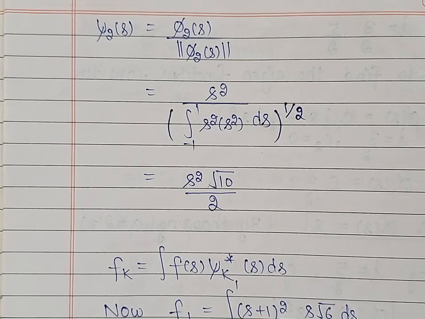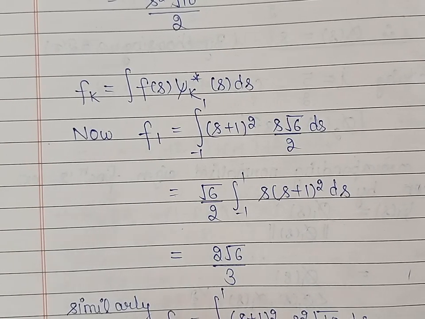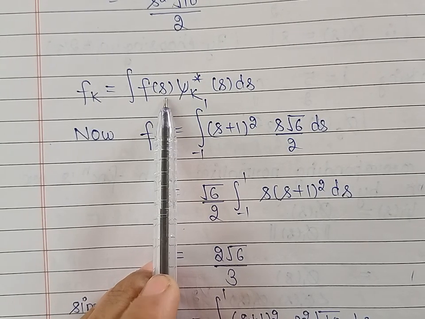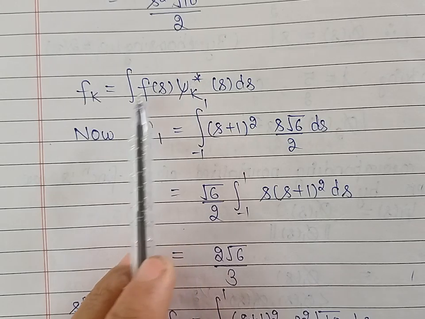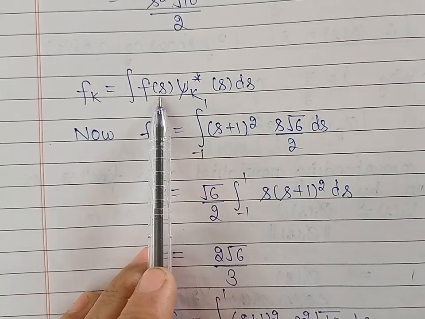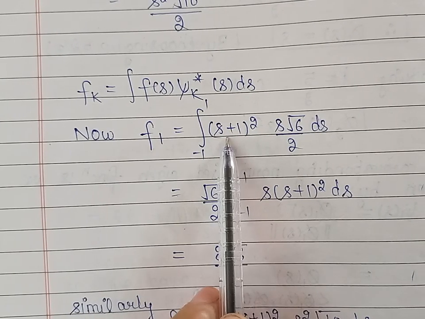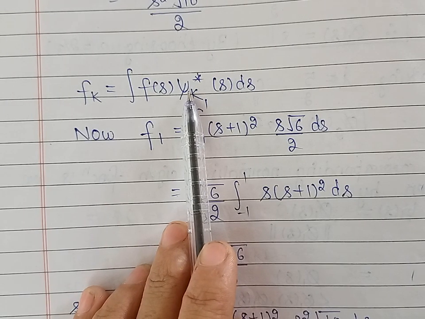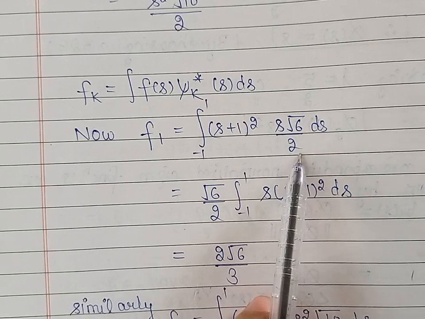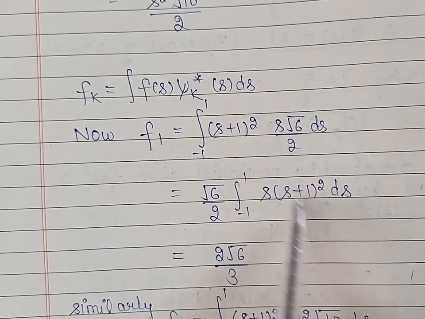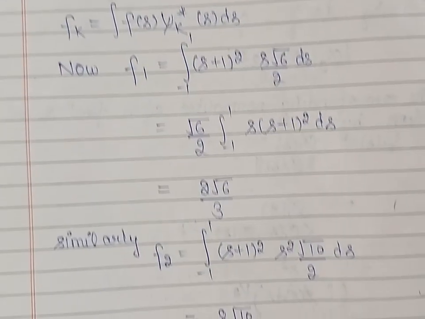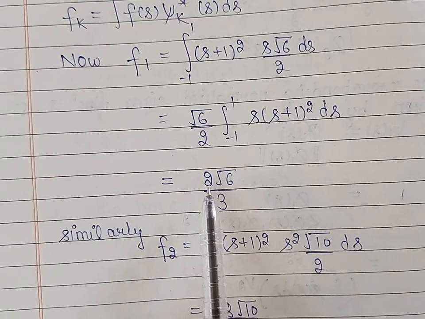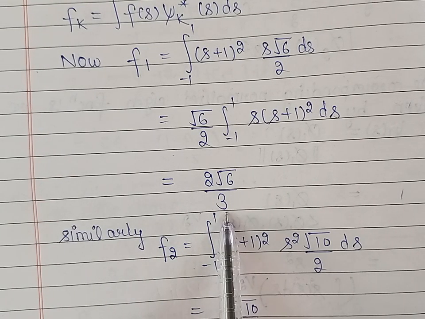Now let us find f1, f2. Now fk is given by the integral of f into psi k conjugate. Substituting the value of function f as s plus 1 whole square, and the first normalized function s into root 6 by 2, multiplying these two terms and simplifying the integration, we get the value of f1, which is given by 2 root 6 by 3.